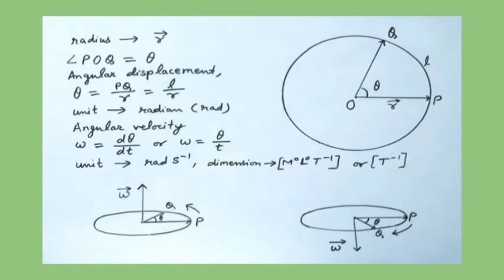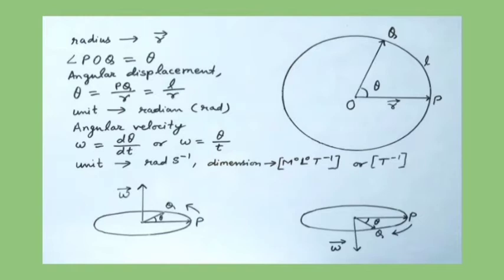So, angular displacement of an object moving on a circular path is defined as the angle traced out by the radius vector about the axis of circular path in a given time. As angle is equal to arc by radius, therefore theta is equal to PQ by r, which is equal to l by r.